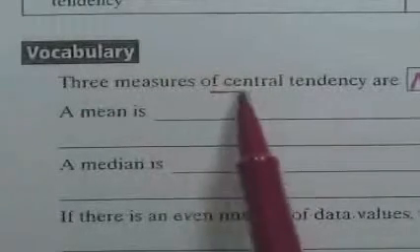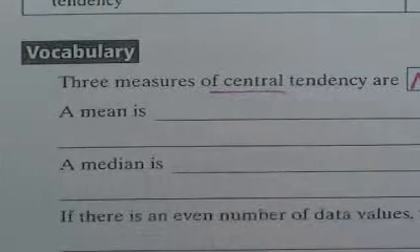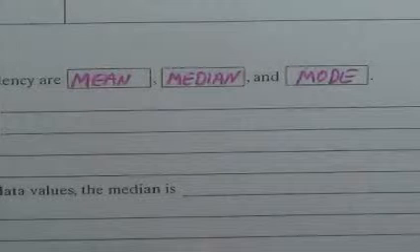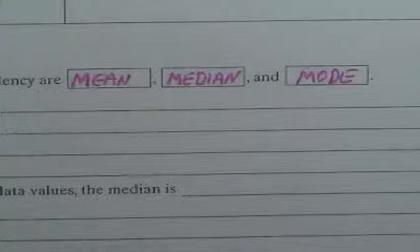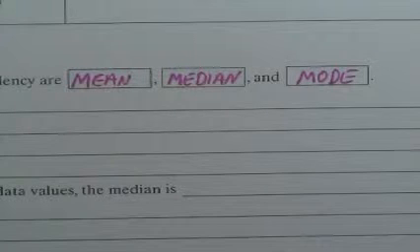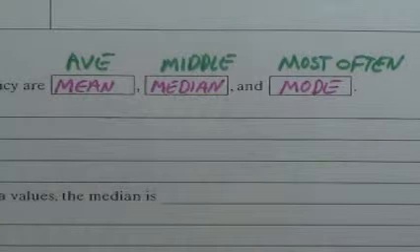Okay, let's go down to the vocabulary. Three measures of central tendency. Central tendency means it's the center of the distributed data. And those three measures are mean, median, and mode.